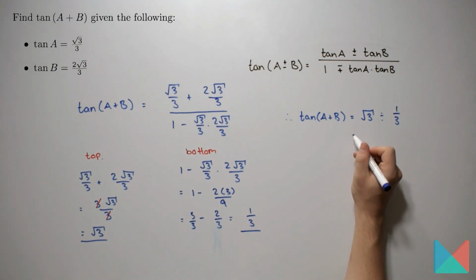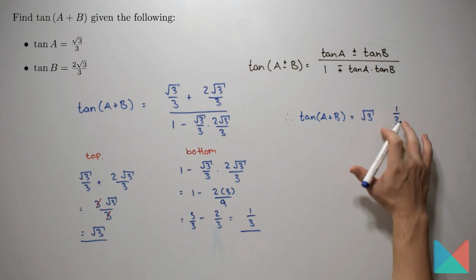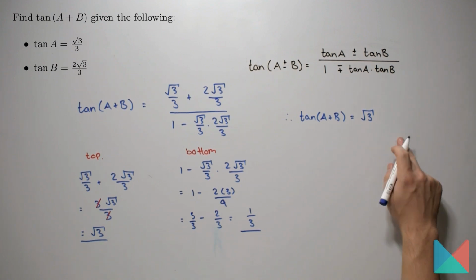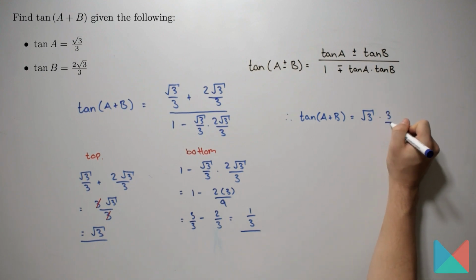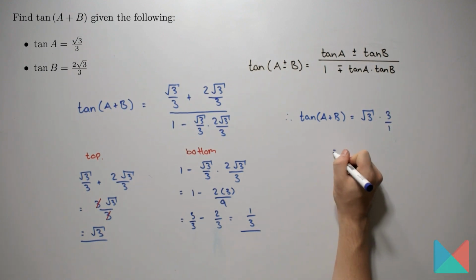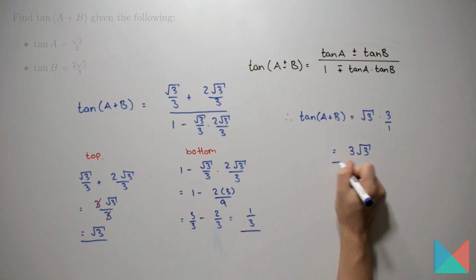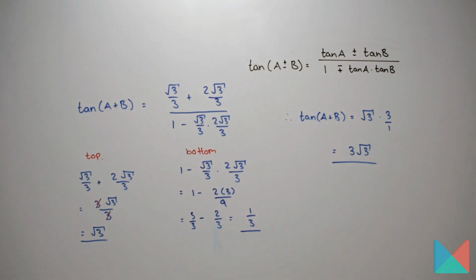And now we can change this into a times if we flip the fraction of 1/3 to 3 over 1. And now we get our value of tan of A plus B as 3 root 3. And so that concludes this example, and let's move on to another.